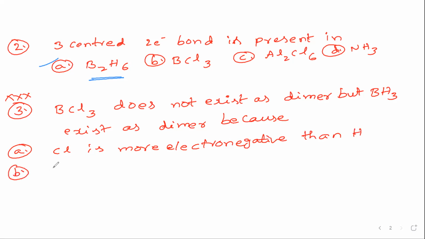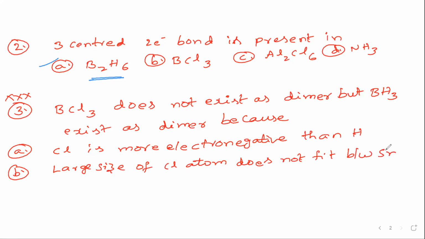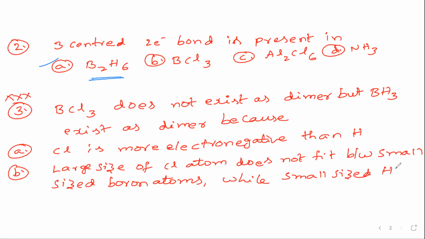Option B: large size of chlorine atom does not fit between small sized boron atoms, while small sized hydrogen atoms can fit between boron atoms.